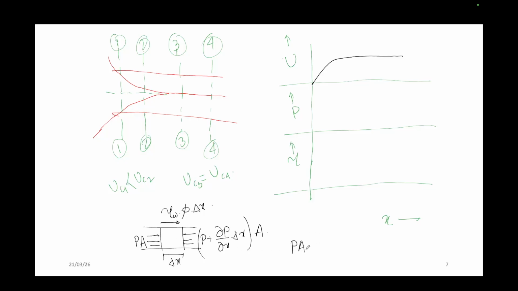PA is given into this control volume. It is supplied, and at the outlet this force is in the outer direction. So I have to subtract these forces, right? And also the shear force is in that direction.